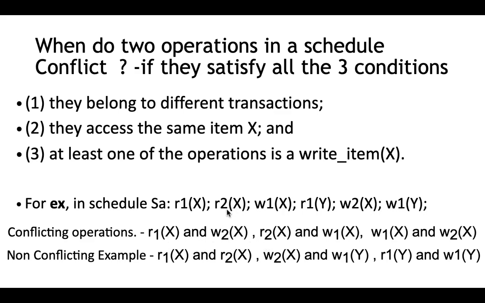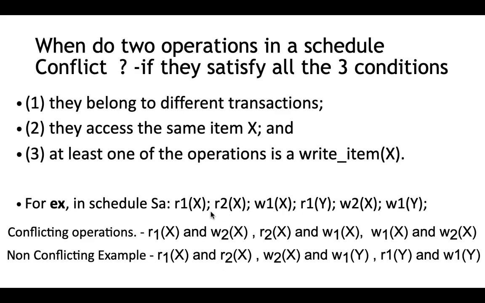Similarly, R2 of x and W1 of x also meet these three conditions, as you can see. So they conflict. Then W1 of x and W2 of x is another conflicting pair because they also satisfy these three properties. Now let's see which are the non-conflicting operations. R1 of x and R2 of x are non-conflicting.